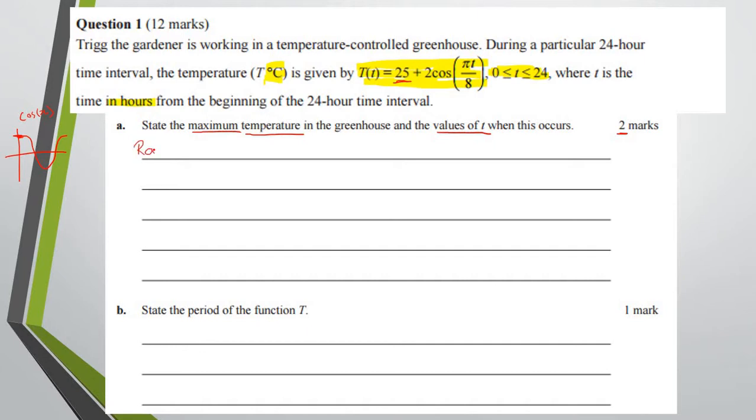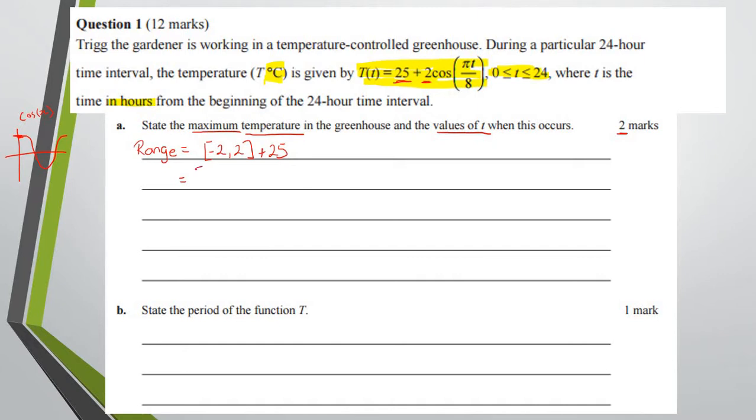So if I was to think about the range of a circular function's equation, I take the amplitude, which we can see here is 2. So our basic graph would go from -2 to 2, but it has been translated by 25, so we have to add on 25.